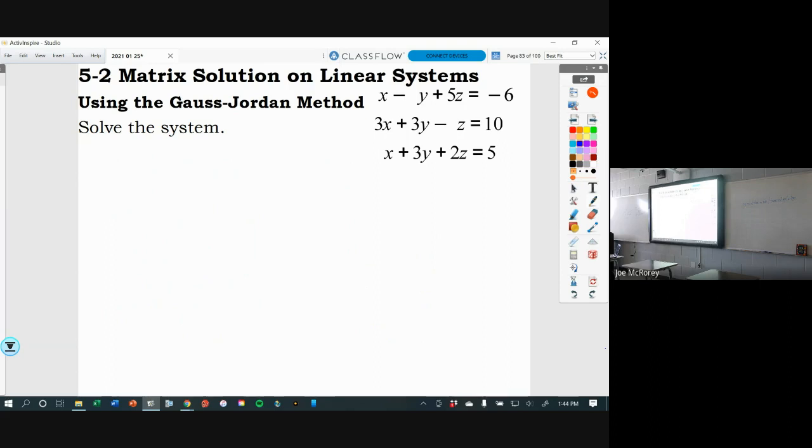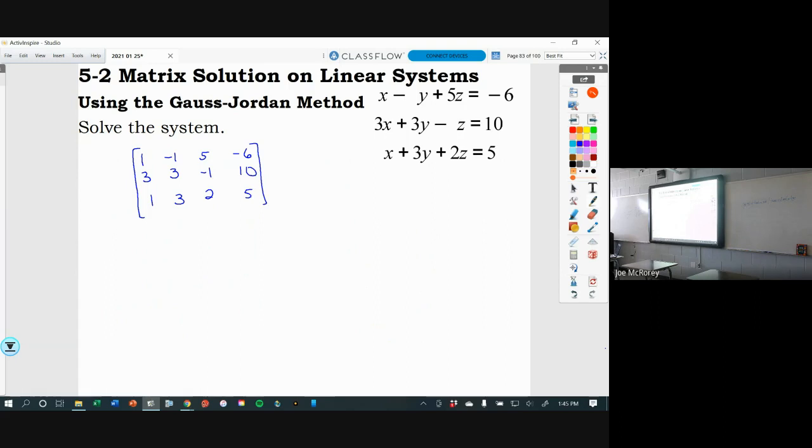Is our matrix set up nicely already? Yes. Don't need to change anything? Okay. Step number 1.